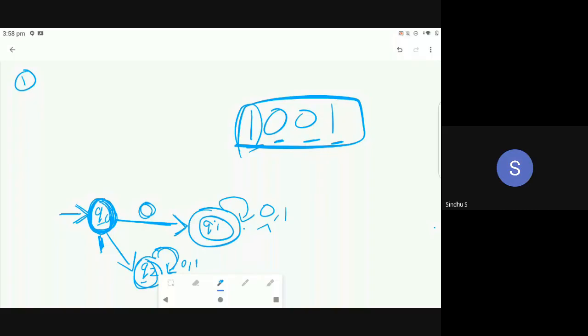Ma'am, what's the practical application of this? You were asking about the finite automata. I told you in the very first class, it is used to construct compilers. Whenever you give input, for example your simple C language, your compiler is checking your syntax, whether the syntax is right for declaring a variable or for printing something.